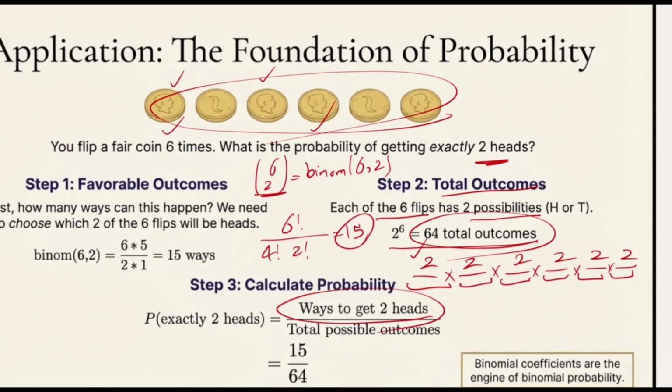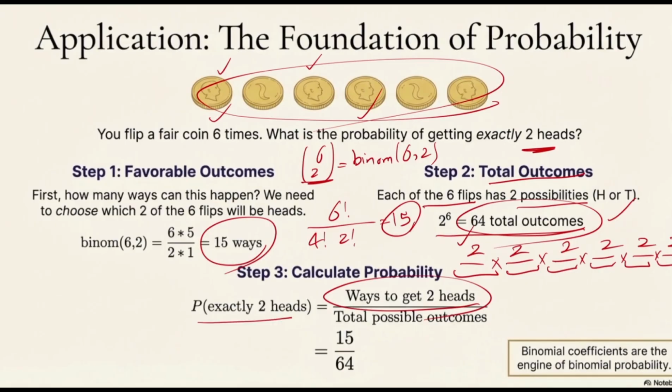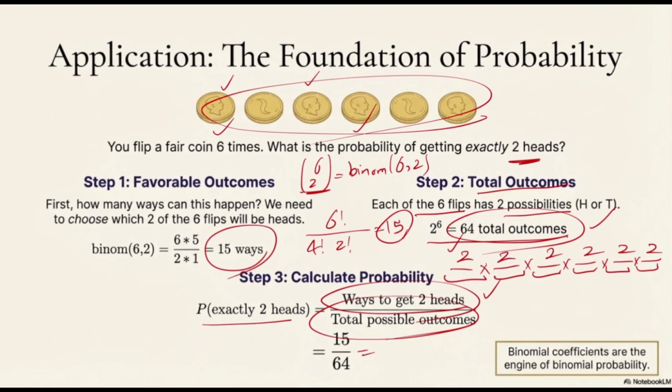The heads could be 6 times. We don't care. So far we have 2 numbers: 15 as my outcome, the one that I would like, and 64 as total outcomes. Finding the probability is the favorable one on the top of the total possible. It's going to be 15 divided by 64, and that's why we use the binomial over here.